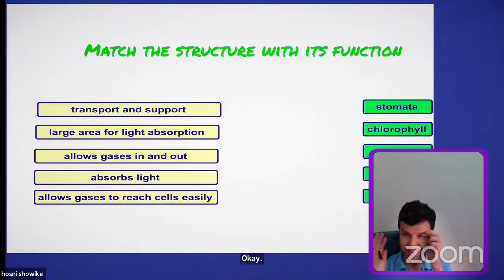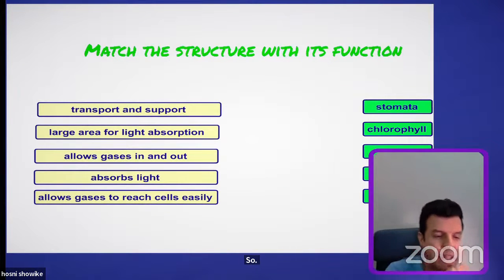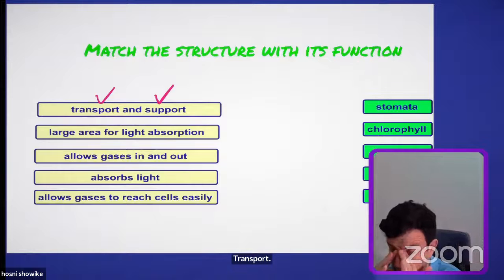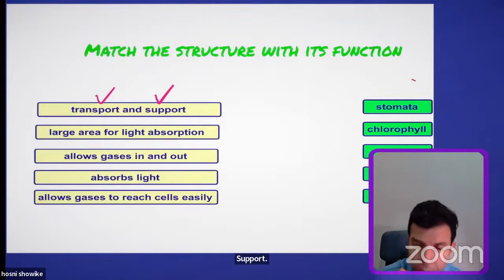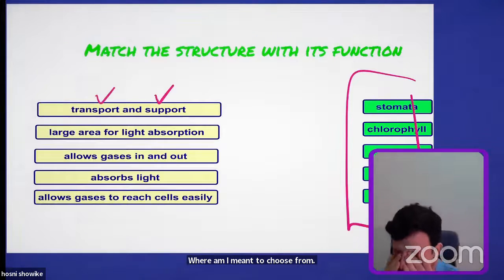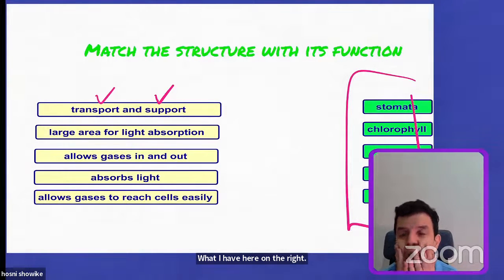So let's recap. If I say transport, support, what am I meant to choose from what I have here on the right? Can you write me in the chat box what I am meant to pick here?